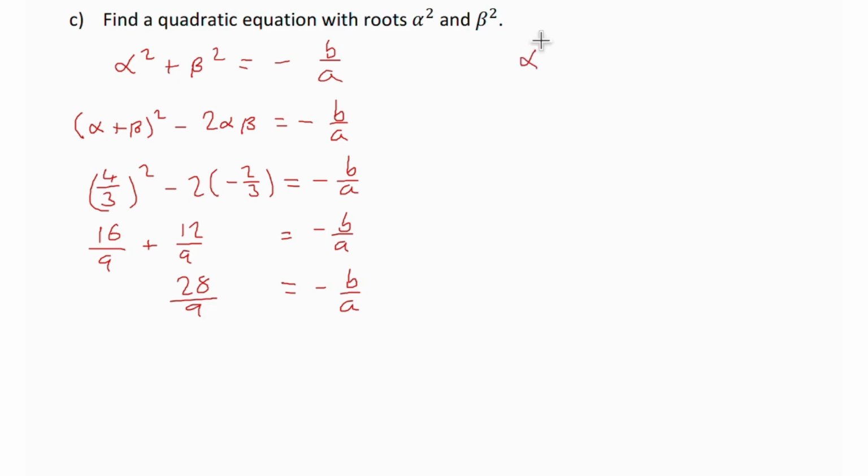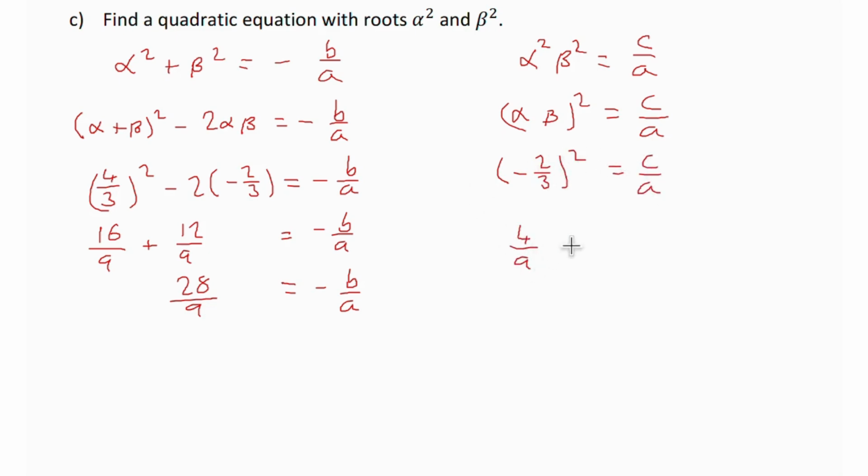Now using the product, alpha squared times beta squared is equal to c/a for any quadratic. This is alpha beta squared. Alpha beta is minus 2/3, which means we have 4/9 is equal to c/a.